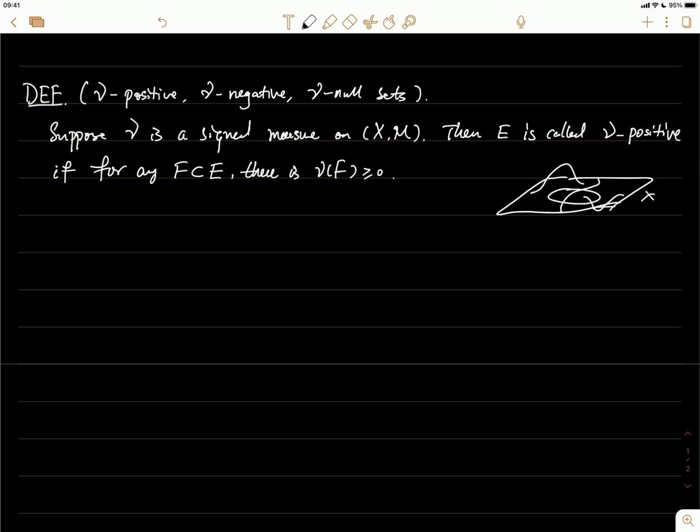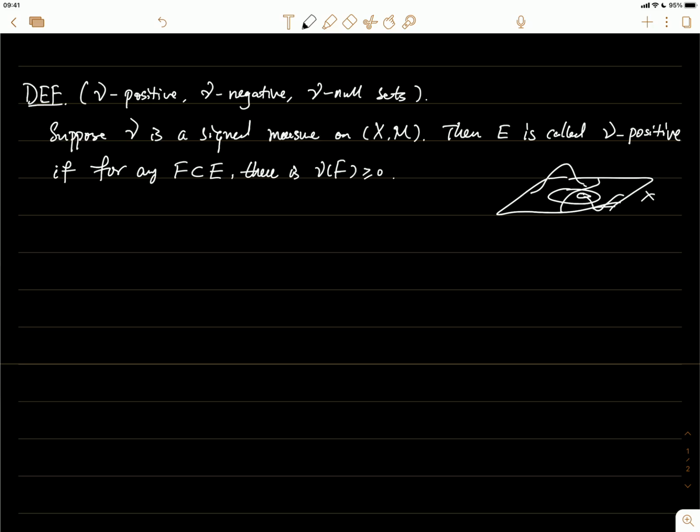This is in contrast to the case where you have an E like this, and then even if the measure of E itself is positive, because the positive part cancels out the negative part, we still have something left over. The measure of E is positive, but we can find some subset of E, such as this part, where the measure is less than 0.